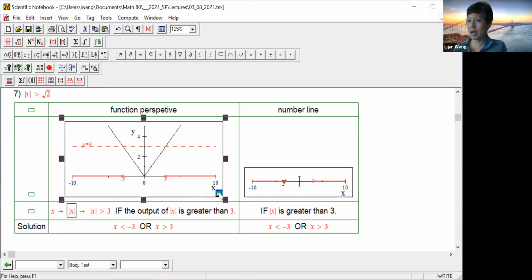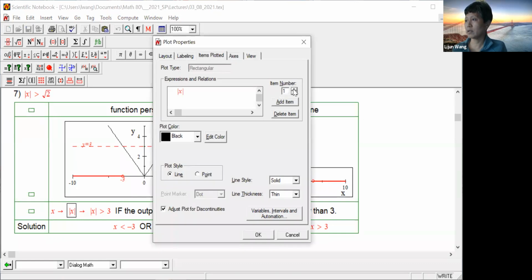Shall we do that? You can see the graph. I'm going to put the root 2 there and root 2 there. All the numbers are changed to root 2.